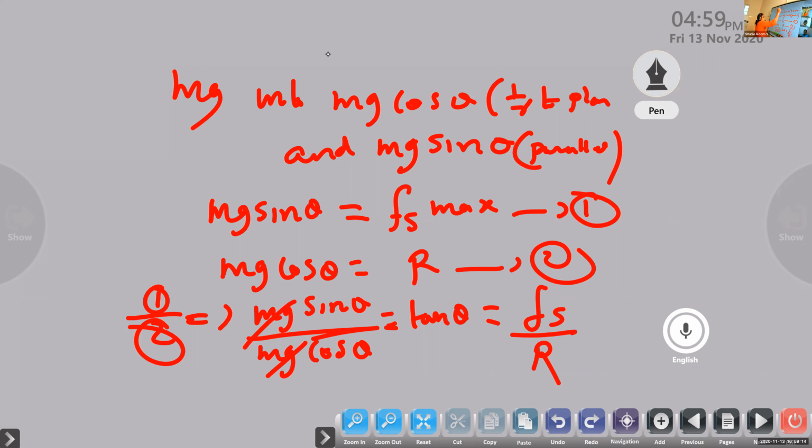Already we know Fs is equal to, we have learned mu s, the coefficient of friction. So Fs by R actually is equal to mu s. That is what we studied in the beginning, static friction. So this is equal to mu s.